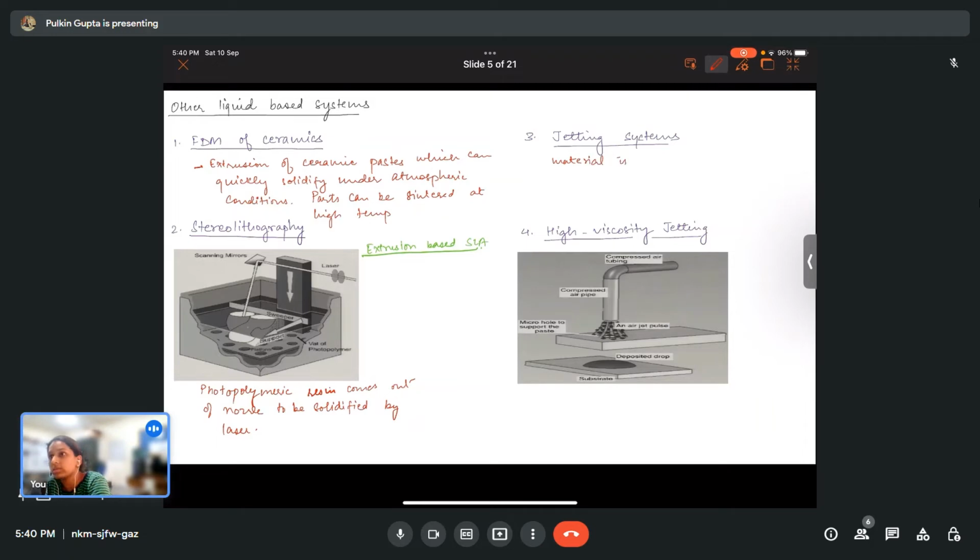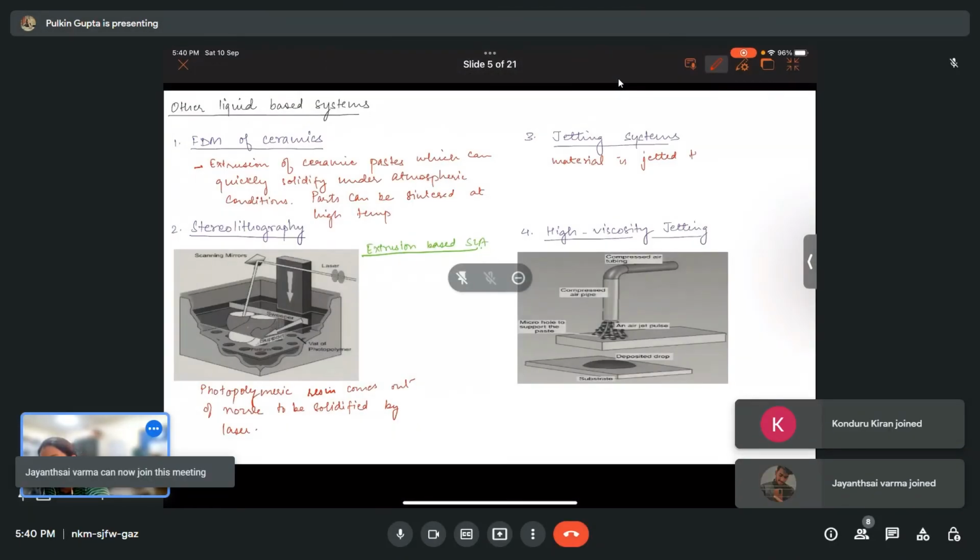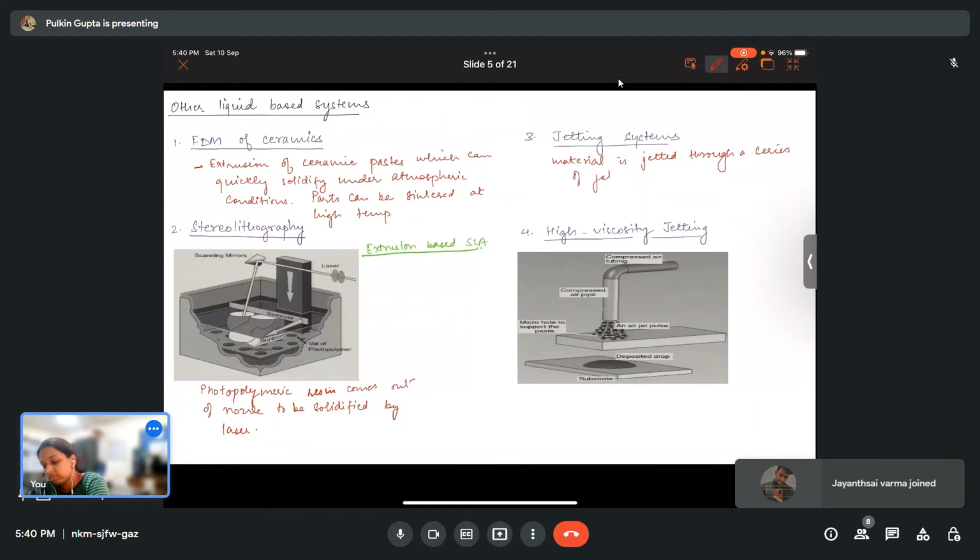The material is jetted through a series of jets and then it is cured using a UV lamp.